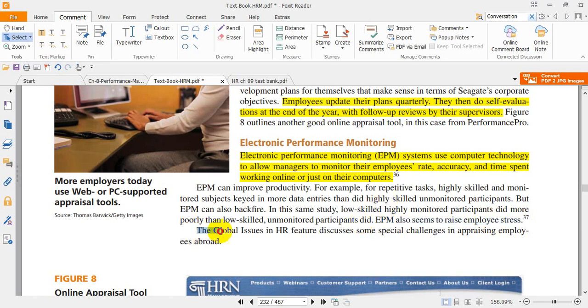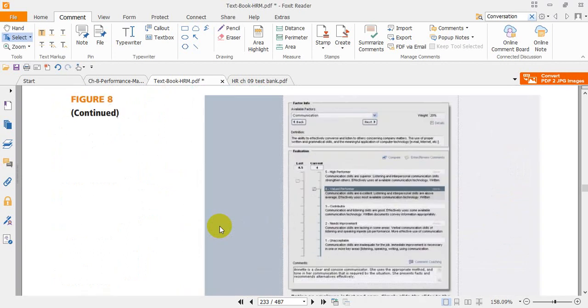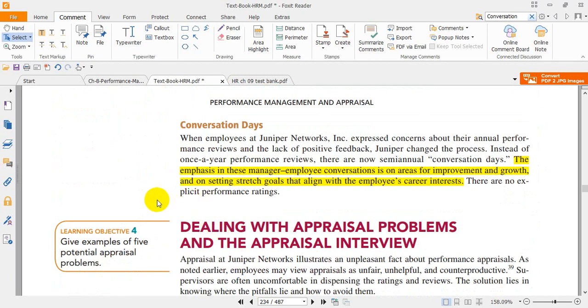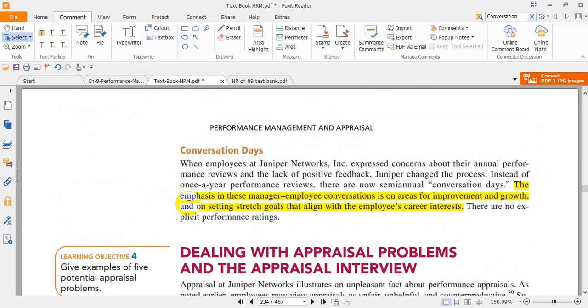The global issues in HR feature discusses some special challenges in appraising employees abroad. This is a research opportunity. Okay, these are the methods of performance appraisal.